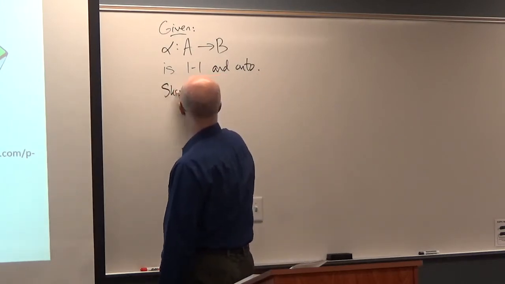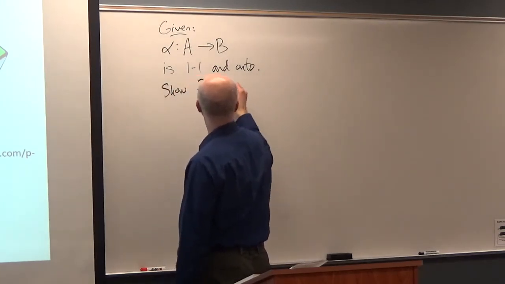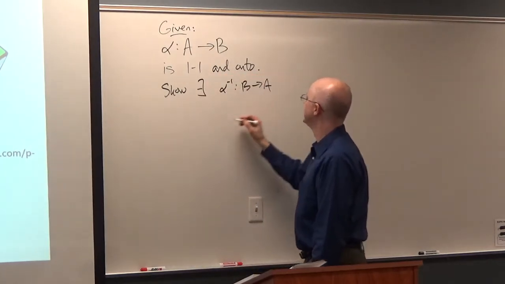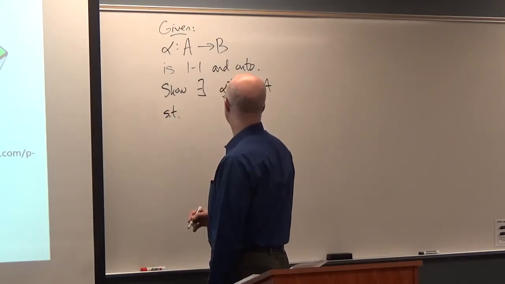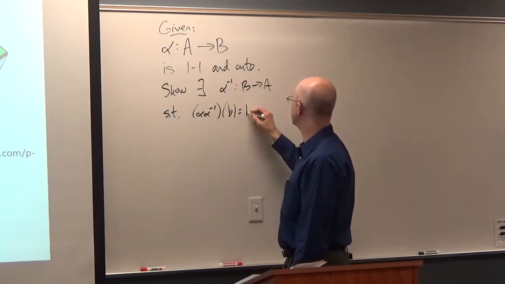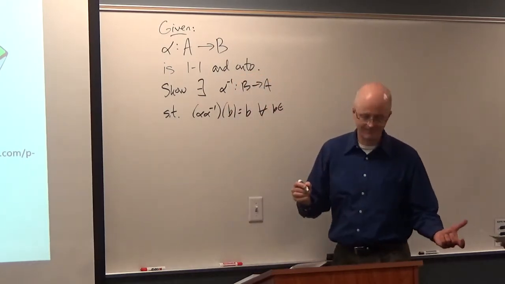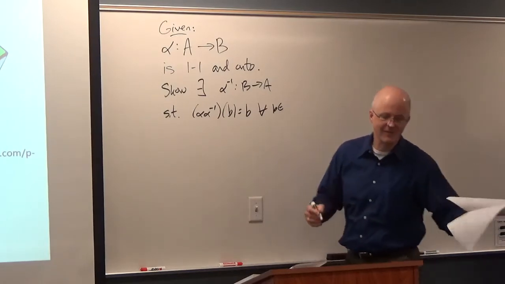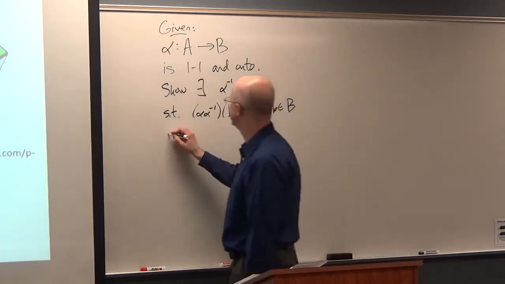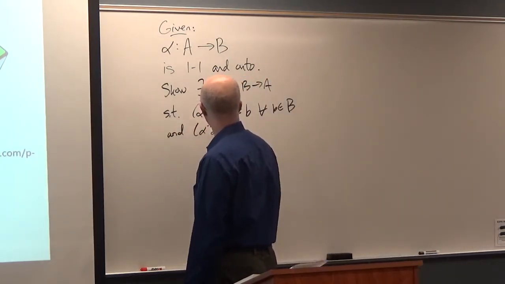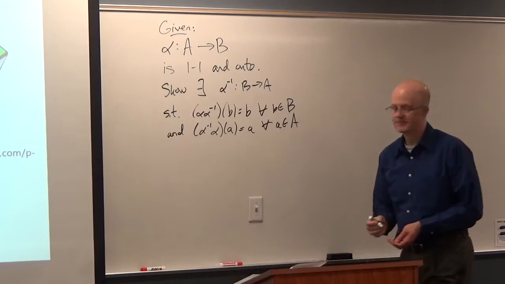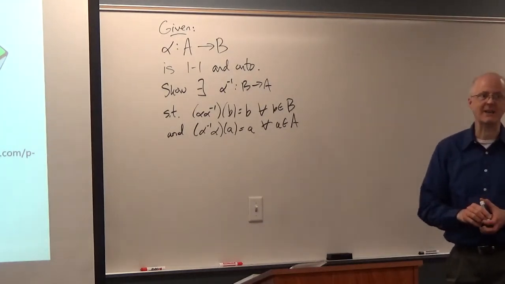The goal is to show that there exists a function labeled alpha inverse going from B to A such that it has the properties that alpha of alpha inverse of b always equals b, for all little b in capital B, and alpha inverse of alpha of a equals a for all little a in capital A. And you do need to describe how to define alpha inverse.